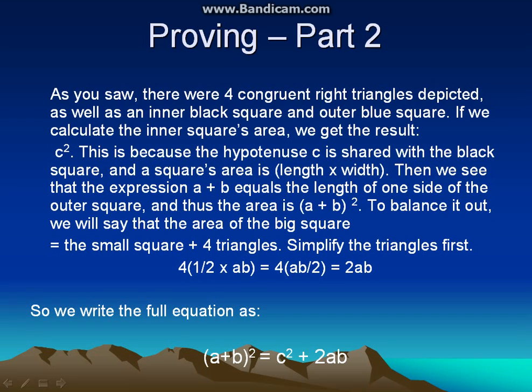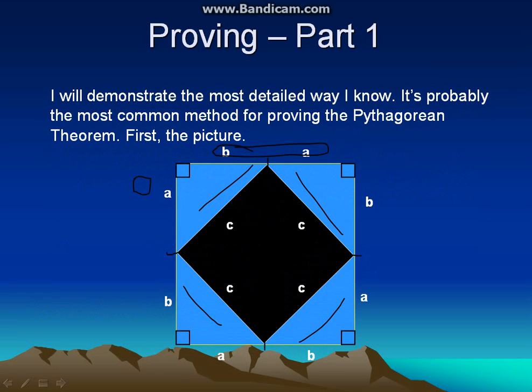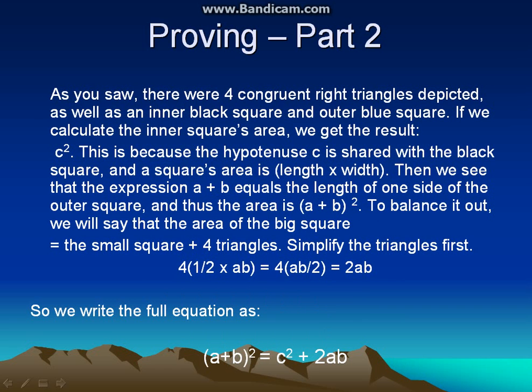Then you see that the expression A plus B equals the length of one side of the outer square. This whole length is one side, and B plus A, or A plus B, therefore equals the length of one side of the large square.